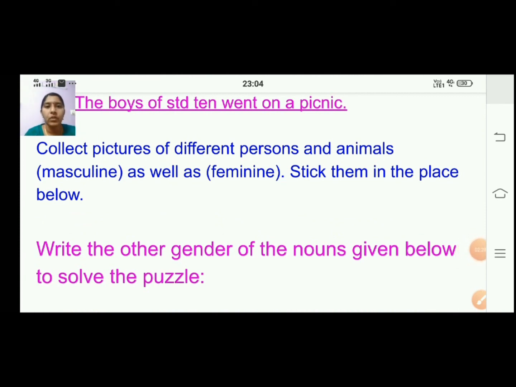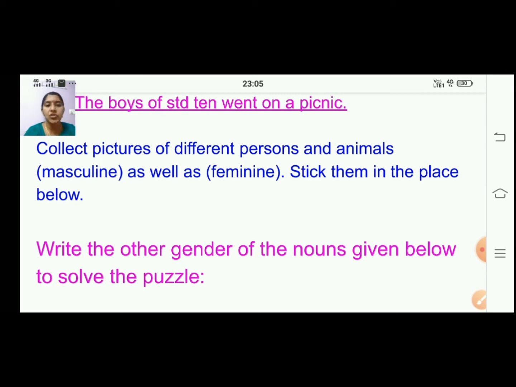And then in your book, this will be your homework, right? It will be in your book, the puzzle, the last line which I'm going to tell you now. Write the other gender of the nouns given below to solve the puzzle. If you see your book, you will have missing letters, and you will have some clues in the box down. When you see, you will understand. Based on that, you make the answers in the boxes given there.